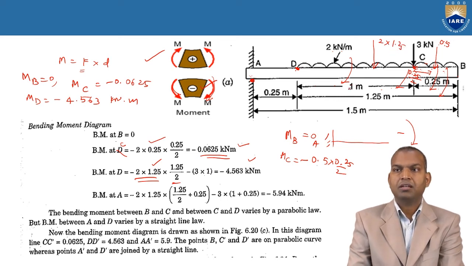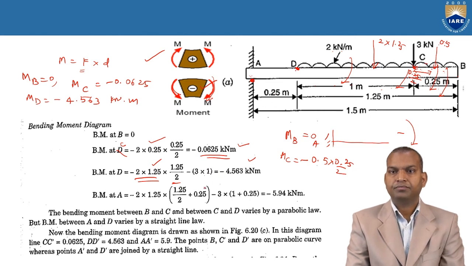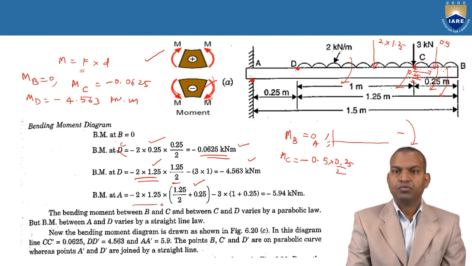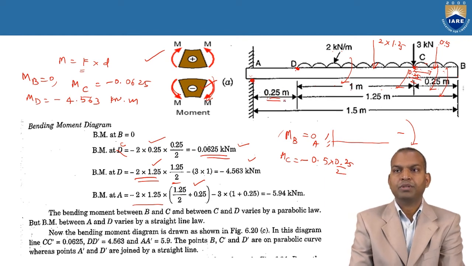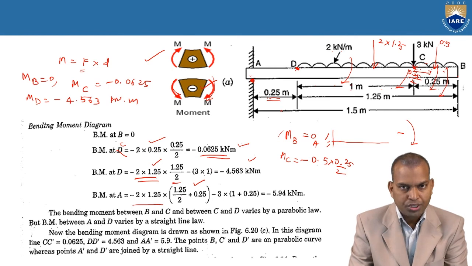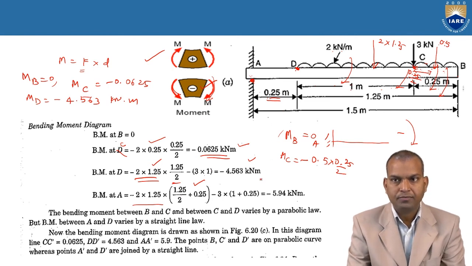What is the distance? 1.25 by 2 plus 0.25. 2 into 1.25 into 1.25 by 2 plus 0.25 distance, minus 3 into, what is the total distance? 1 plus 0.25. About this point you have to take moments. 1 into 0.25, that is 1.25.